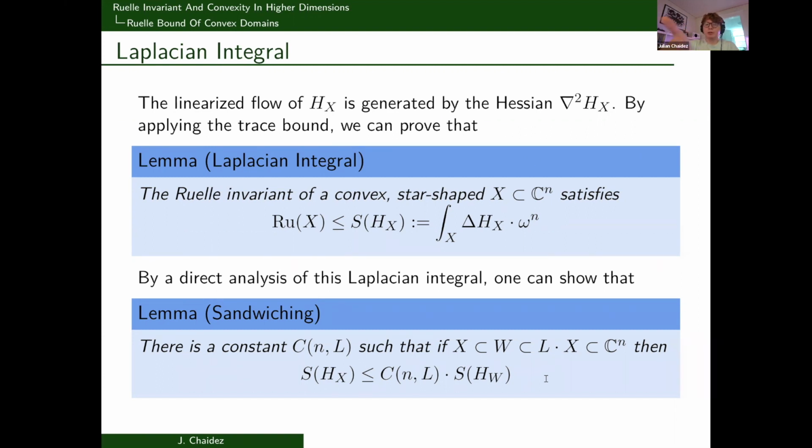So here, this is the first lemma. The Ruelle invariant of a convex star-shaped domain X inside of Cn is bounded above by the integral over X of the Laplacian of the canonical Hamiltonian times the symplectic measure. And this is really nice because this says that the Ruelle invariant is upper bounded by some kind of curvature integral. The curvature integral here is this Hessian, or this Laplacian thing.